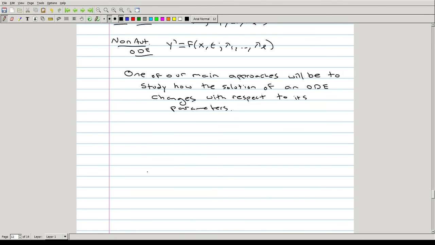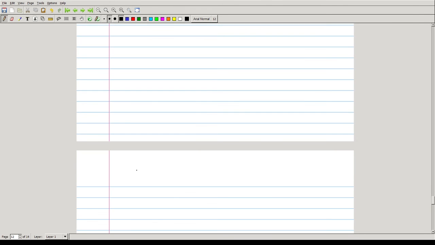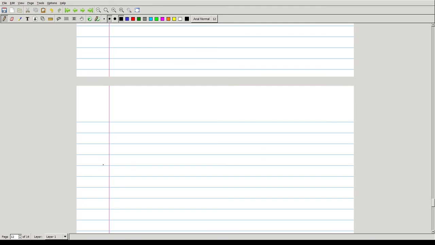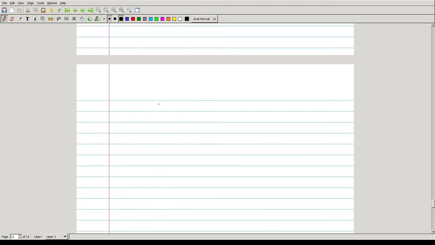Specifically, we will start with the exponential ODE and then move on from there. So the exponential ODE, all of these examples will deal with a non-dimensionalized ODE.